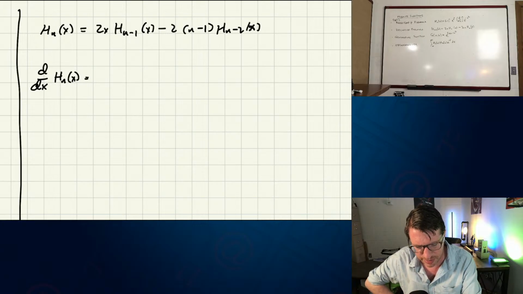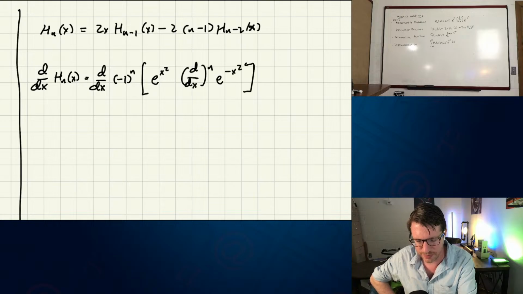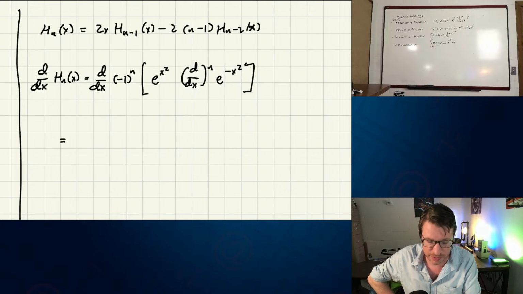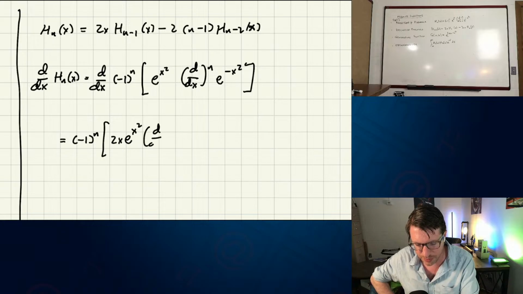So we're going to have the derivative with respect to x of (-1)^n, and then this times e^{x^2} times the derivative with respect to x to the nth power of e^{-x^2}. And so when we take the derivative here, we're going to have a product rule coming through. So we get (-1)^n, and the first term is going to be 2x e^{x^2}, and then we leave the second one alone, so d/dx to the n of e^{-x^2}.